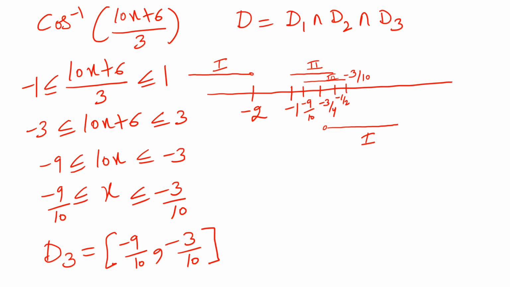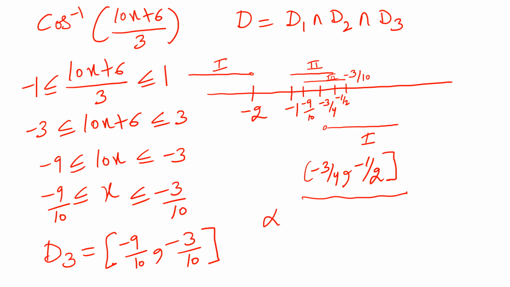You are clearly observing that the region marked between -3/4 open to -half closed is the region which is coming in all the 3 domains. That is domain number 1, D1, D2 as well as D3. Because all the 3 lines of all these 3 regions are overlapping here.